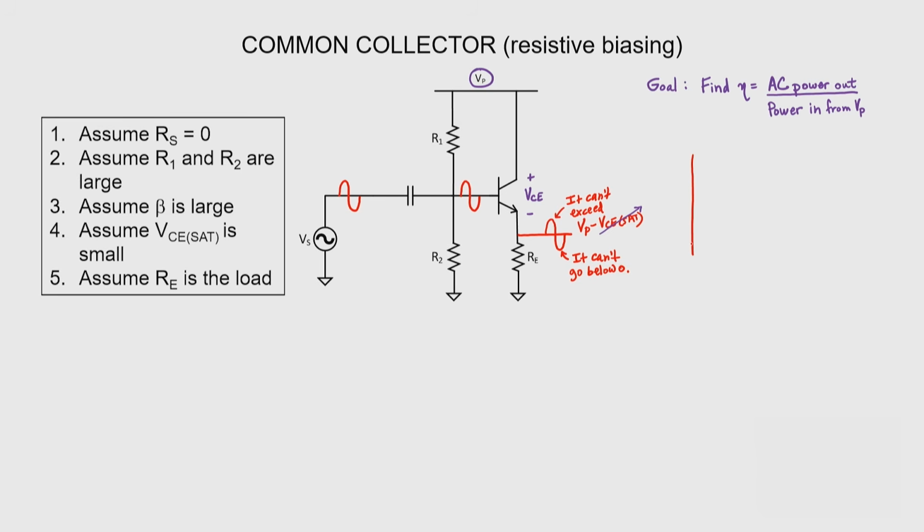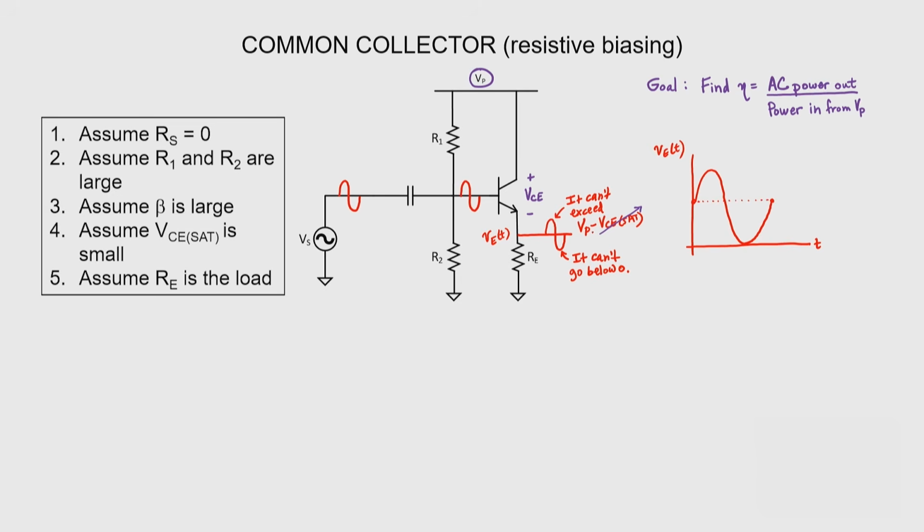Let's draw a little graph of the voltage here at our emitter. I'll call it VE, and we'll make a graph with respect to time. We know it can't go below zero, so if we assume that it's sinusoidal, then if we plot one period, it should just touch zero when the sine wave is at its minimum.